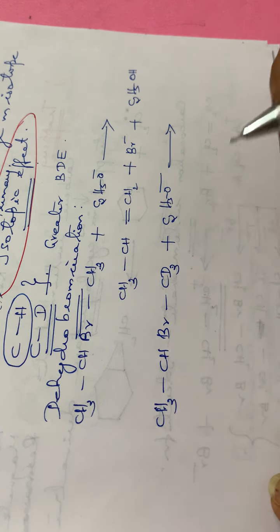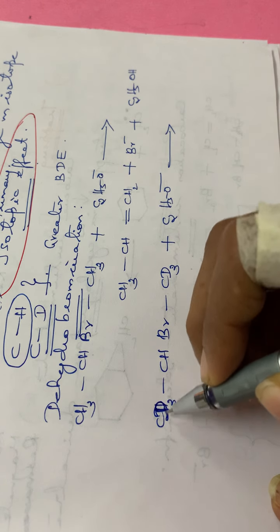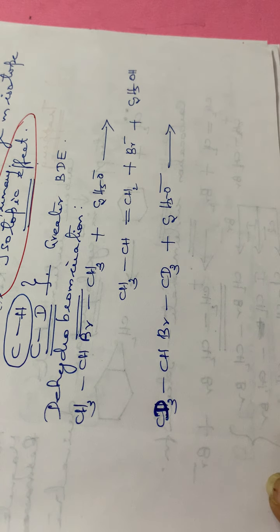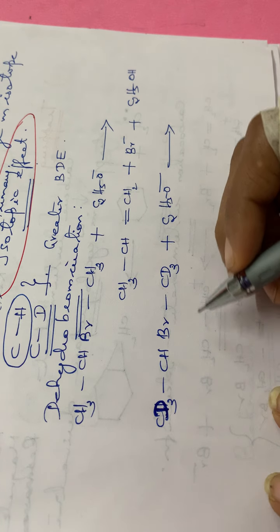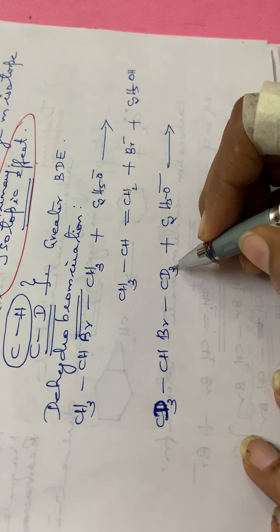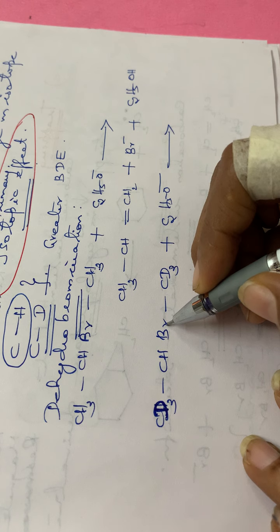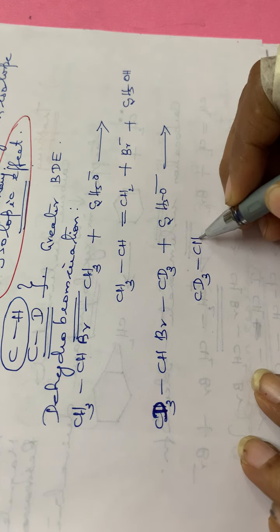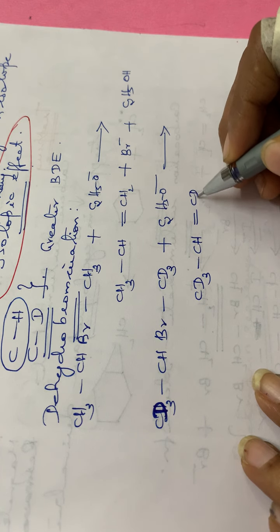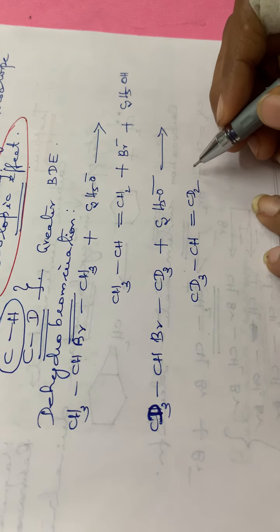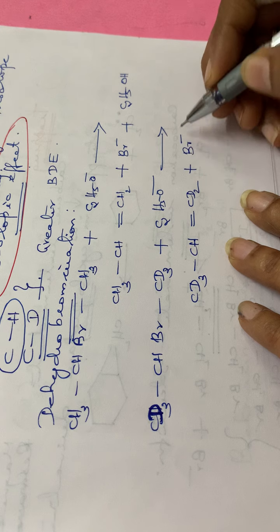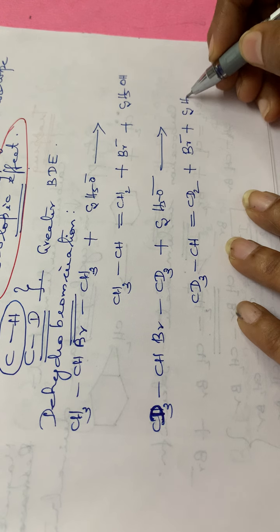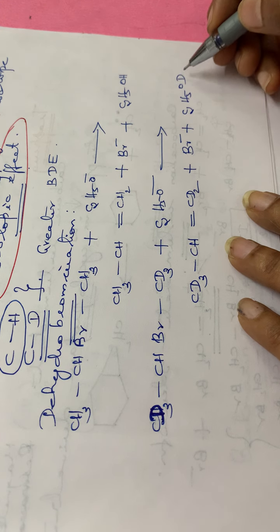Here also I will be replacing the 3 hydrogen atoms by 3 deuterium atoms, so CD3CHBrCD3 plus C2H5O minus. Then again in the reaction, one D and one bromine atom will be eliminated. So the product will be CD3CH=CD2 plus Br minus plus C2H5OD, deuterium instead of hydrogen.